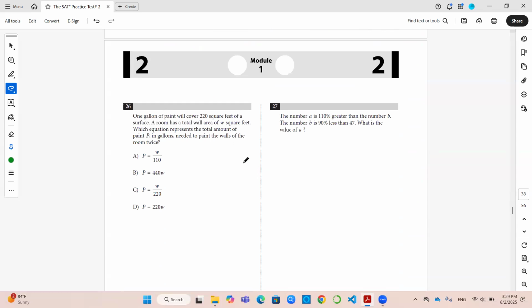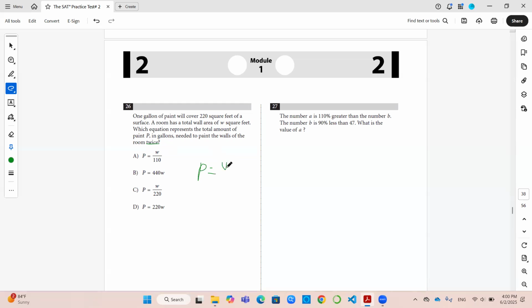Okay, tricky question. 1 gallon of paint will cover 220 square feet of a surface. A room has a total wall area of W square feet. Which equation represents the total amount of paint P in gallons needed to paint the walls of the room twice? Okay, so we know that a gallon of paint will cover 220 square feet of a surface.